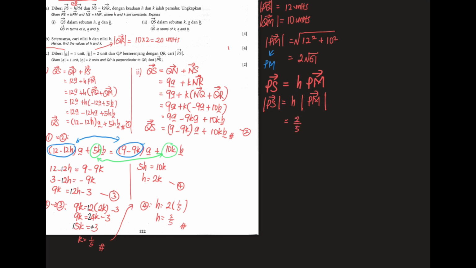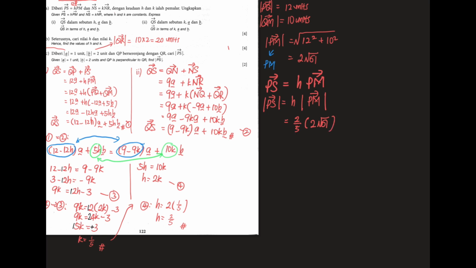So H is 2/5 and modulus PM is this value, 2 square root 61, which I substitute here.